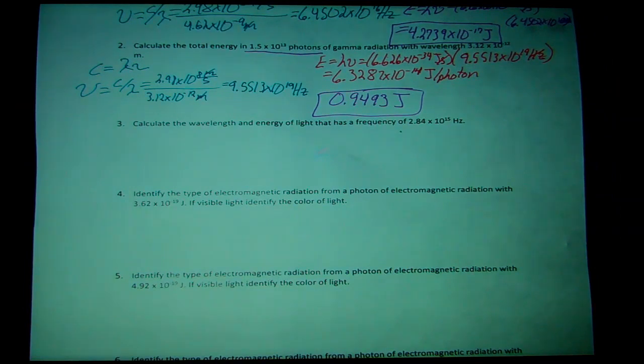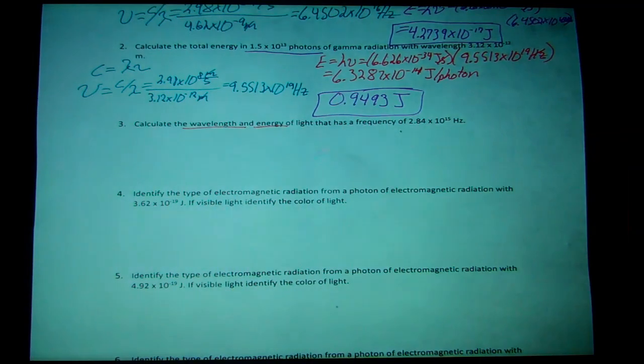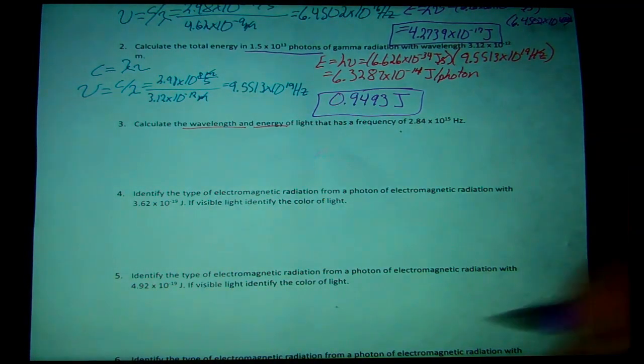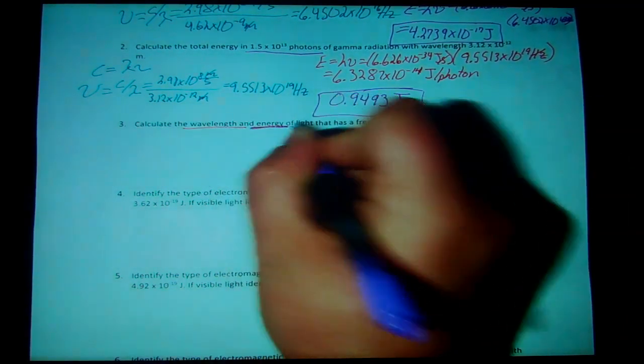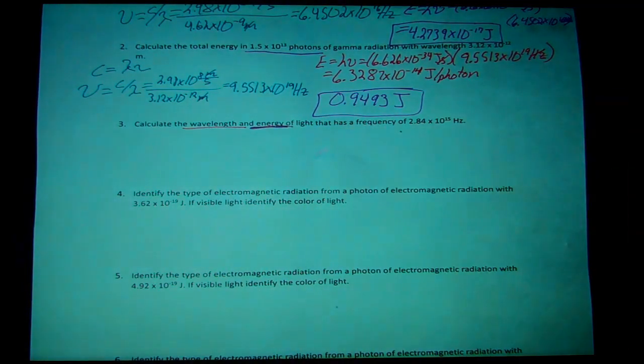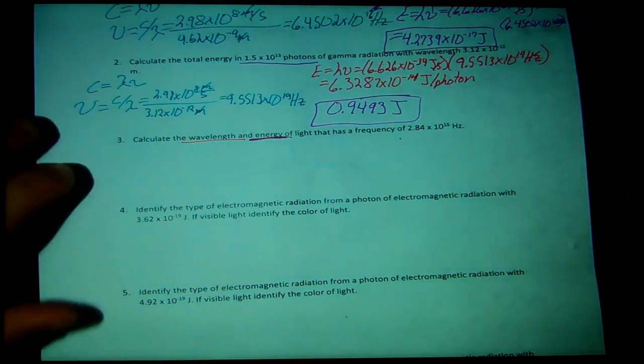Calculate the wavelength and energy of light that has a frequency of 2.84 times 10 to the 15th hertz. Alright, so this time we've changed things up. We are now calculating for wavelength and energy. The frequency is already given to me, so these are easier.